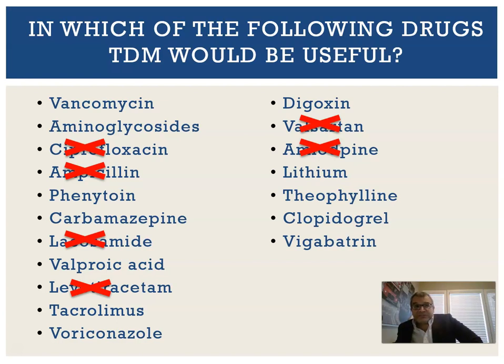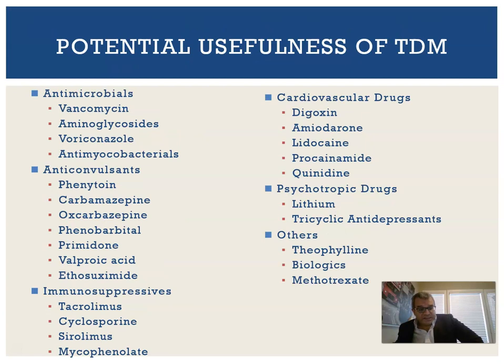Also with vigabatrin, measuring the concentration is not correlated with efficacy, so they are out. Okay, so this is the answer. So TDM could be useful on a wider range of drugs, as you can see in the slide, including antimicrobials, anticonvulsants, immunosuppressives, some cardiovascular drugs, psychotropic drugs, and others.